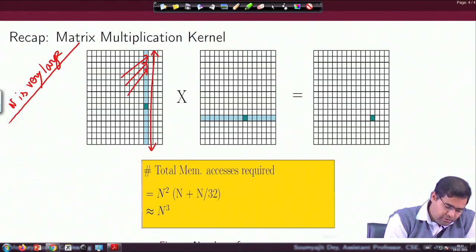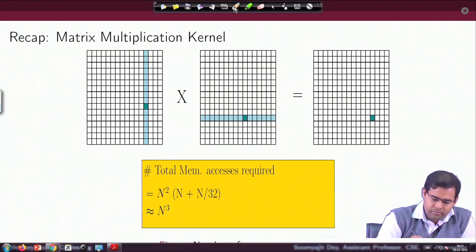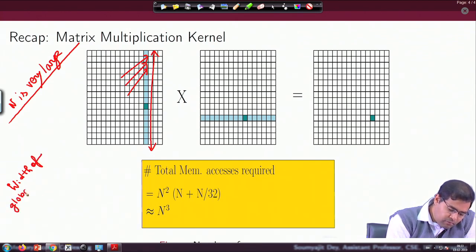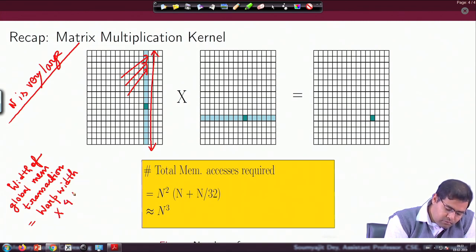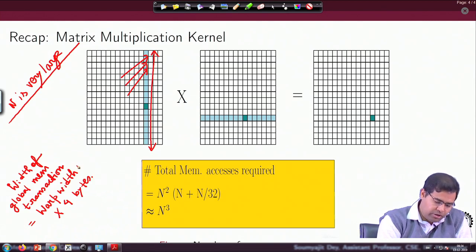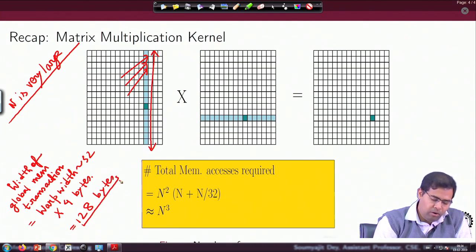So as we have discussed earlier, since currently the warp width we are considering for modern GPUs is 32, the global memory transaction would essentially bring in 128 consecutive bytes in one byte aligned access.